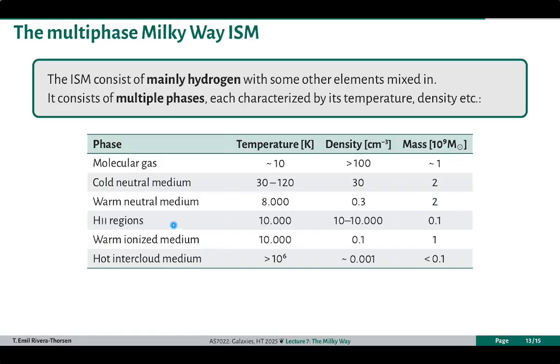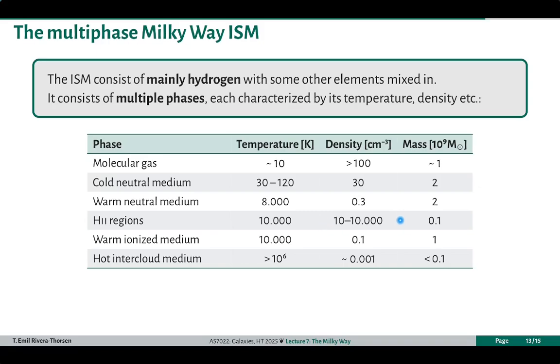Then we have the HII regions. These we have talked about before. They're these dense and very highly ionized regions around where young stars have just formed. These have temperatures up to 10,000 Kelvin, and they can have densities that are ranging wildly. As you can see here, this is not a typo.